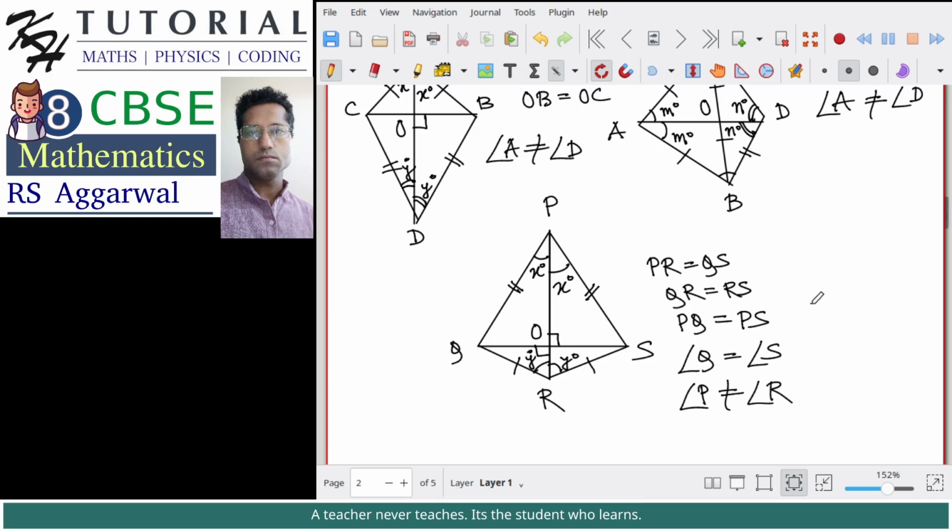And we will have triangle PQR is congruent to triangle PSR.